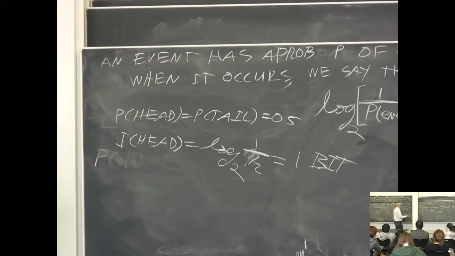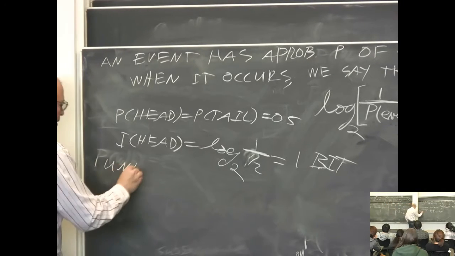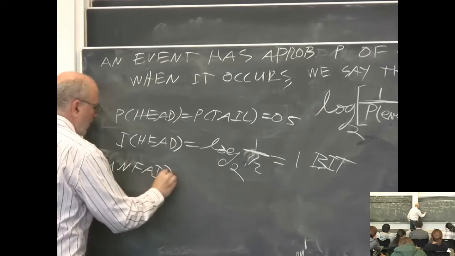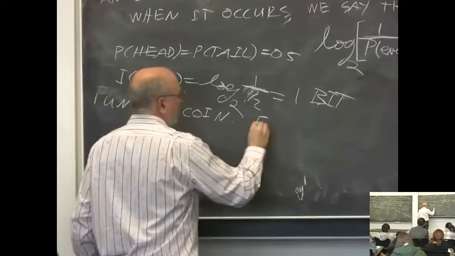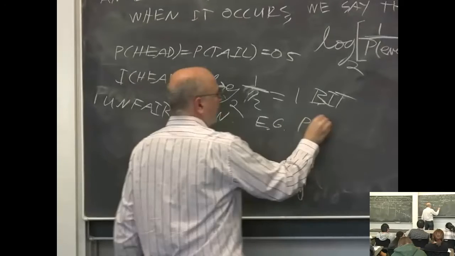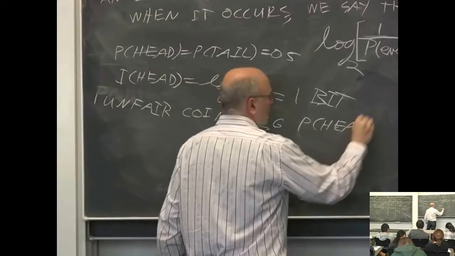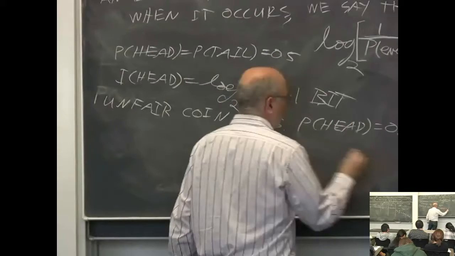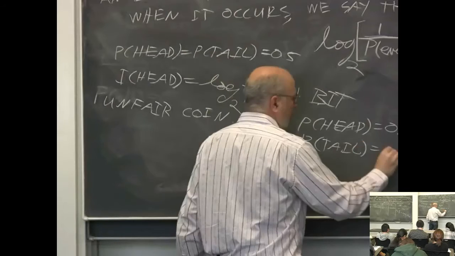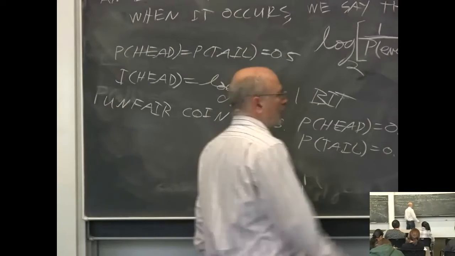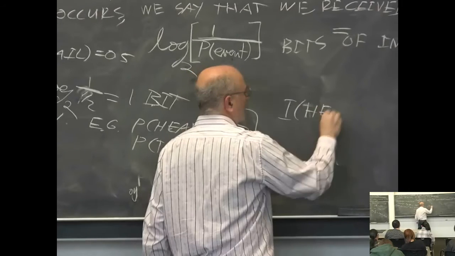Now let's look at an unfair coin. For example, P of head is 0.7, P of tail is 0.3. Based on this, what is the amount of information I get if the coin landed on head?